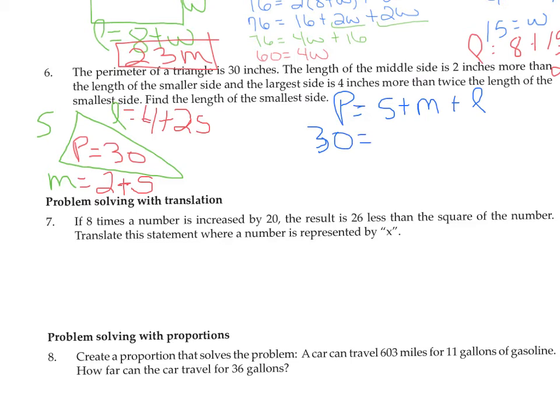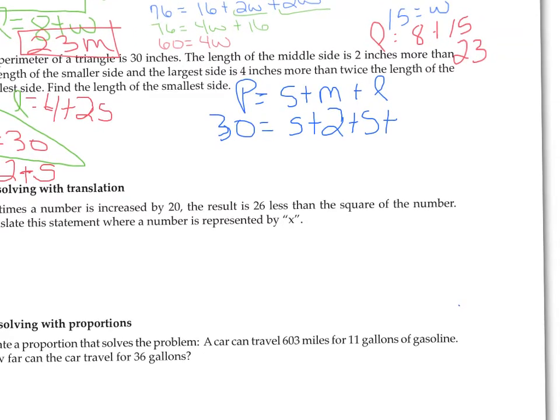We don't know anything about this smallest side right here, so that one stays as S. We do know that the middle side is 2 plus S. So instead of writing M, we're going to write 2 plus S. And instead of writing L here, we're going to write 4 plus 2S, if we have enough room.